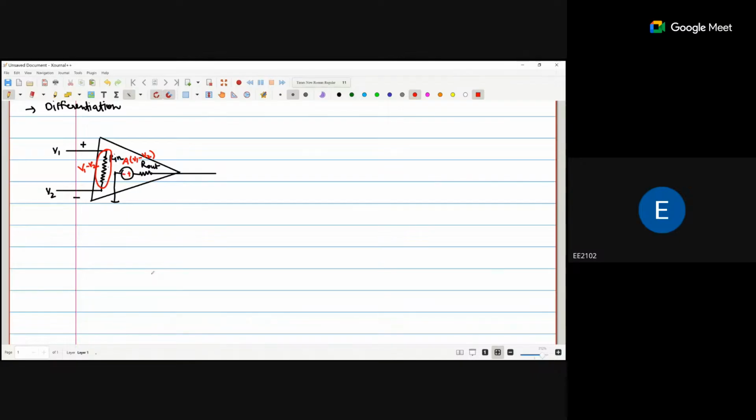Now we consider that if my op amp is ideal, the incoming current is zero.